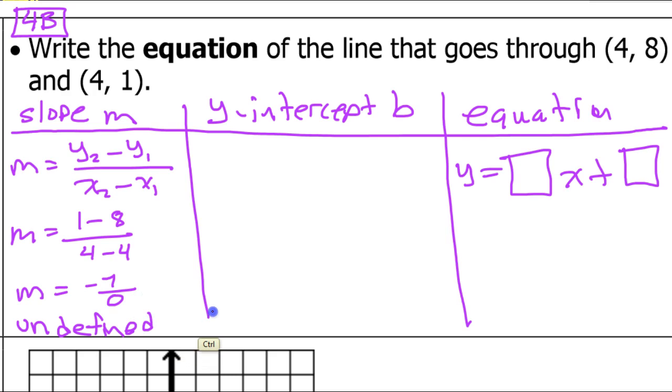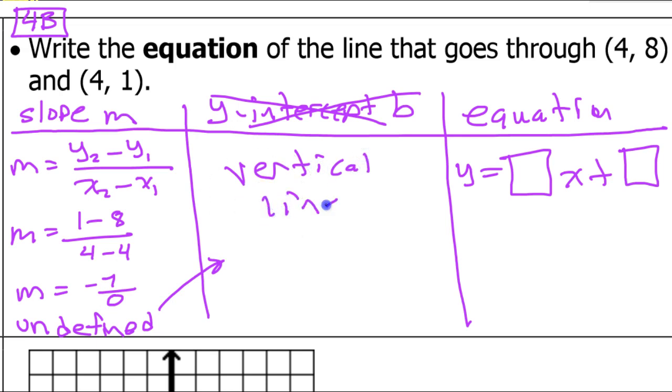That tells me, and I'm not going to end up using the rest of this, because I'll just use the space for more notes, this is undefined. That tells me I'm dealing with a vertical line. And I know that when I have a vertical line, it's always going to be x equals some number. So I can forget about all of this as well.